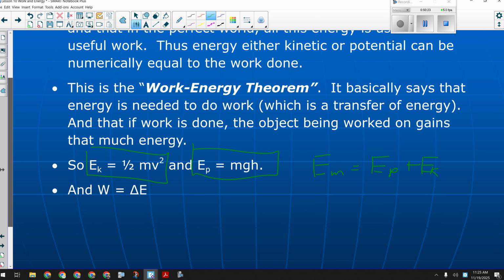Kinetic energy and potential energy are both affected by mass, so mass can affect your energy.